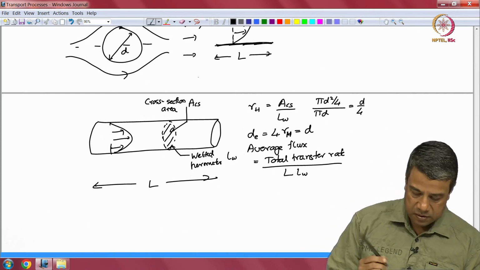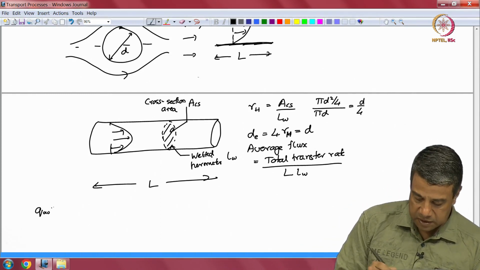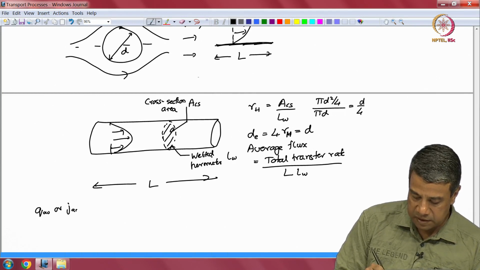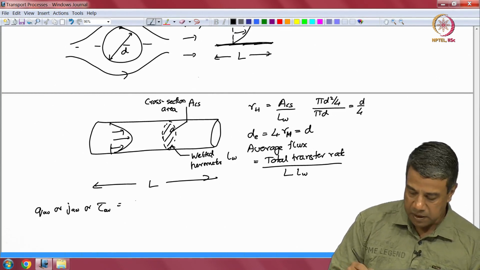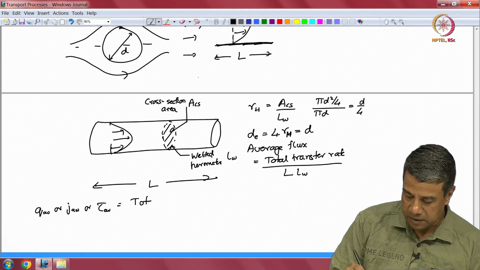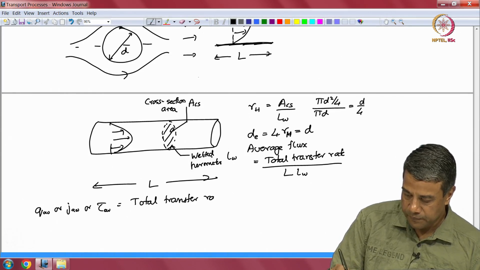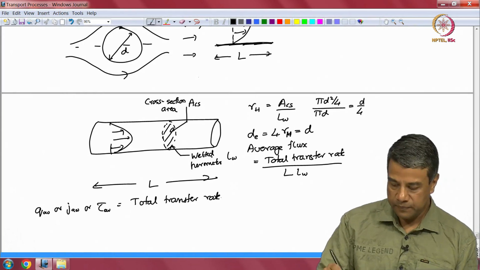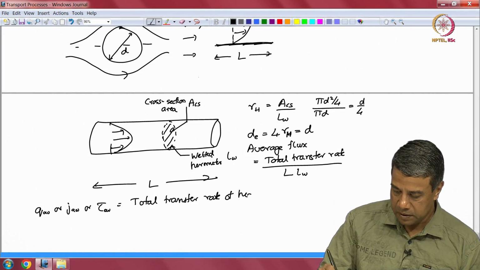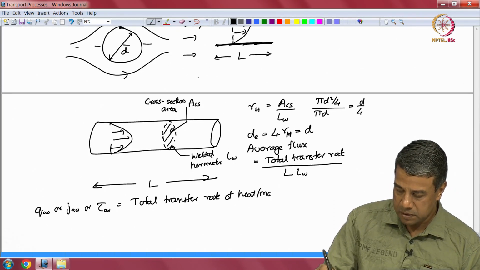Therefore, Q average or J average or the shear stress average would be defined as the total transfer rate of heat, mass, momentum.